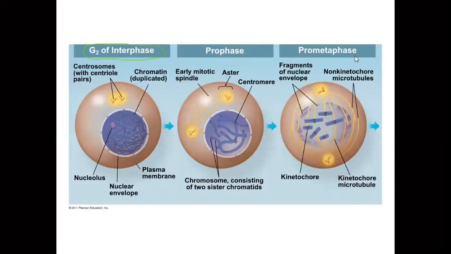And so what happens here is that, as we've mentioned before, this is a preparatory stage. So in the G2 stage, the genetic materials should have been duplicated already and have been checked before the actual separation, actual karyokinetic process.